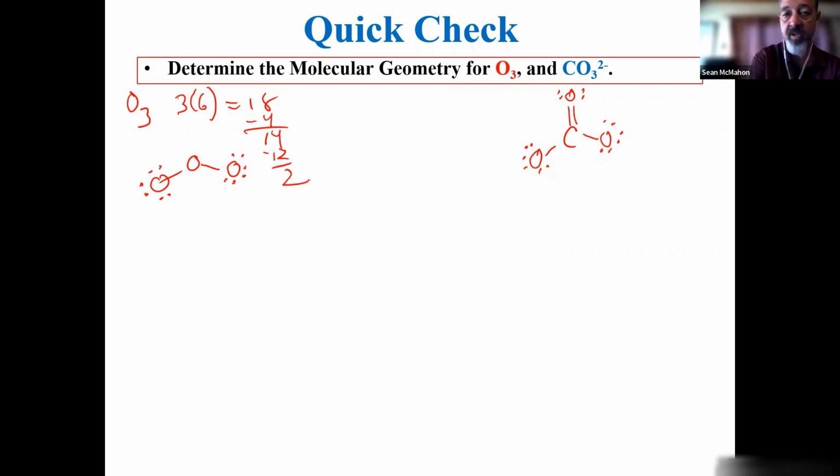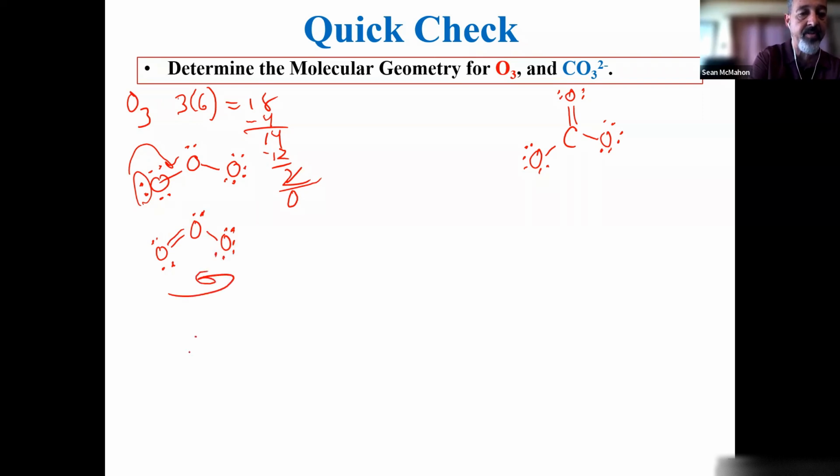I have 2 left. Where do they go? On the central atom. But the central oxygen doesn't have an octet, so what do I do? I can form a multiple bond. Could I do a rotation here? Of course.